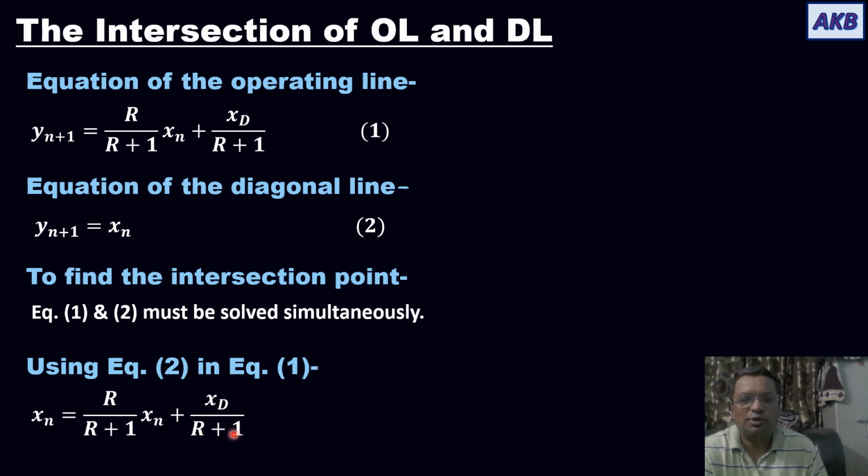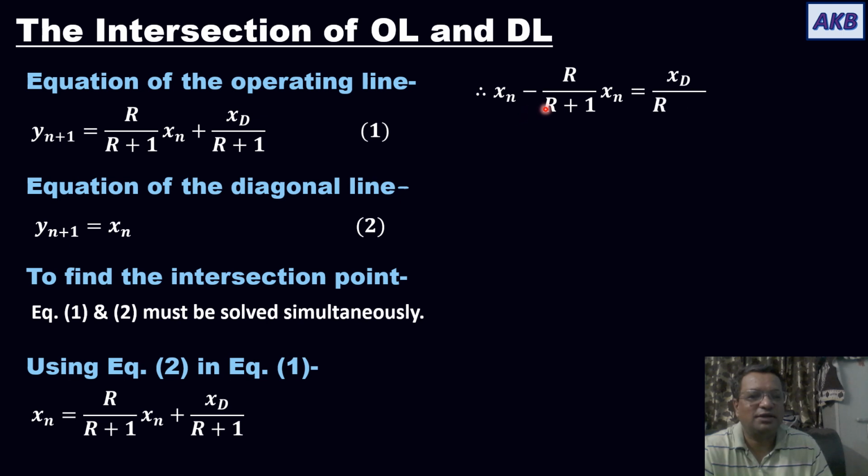In the next step, we will bring this term to this side. If I do that, you will get xn minus r upon r plus 1 into xn, that is equal to xd upon r plus 1. So this term which was on this side, now it is on the other side, the left hand side.